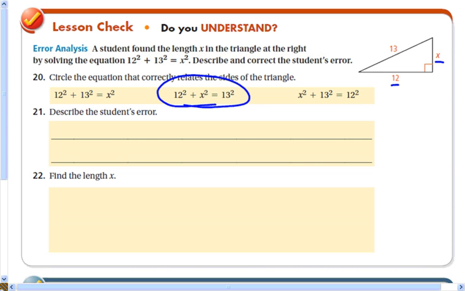So the student inadvertently replaced the hypotenuse with the leg.